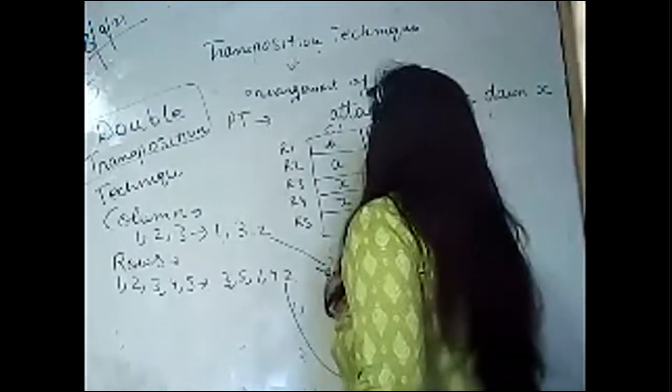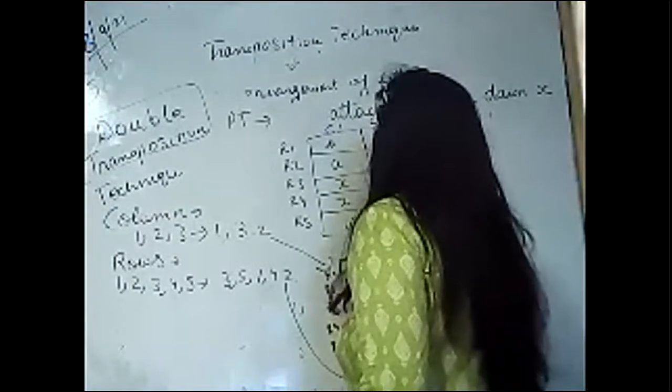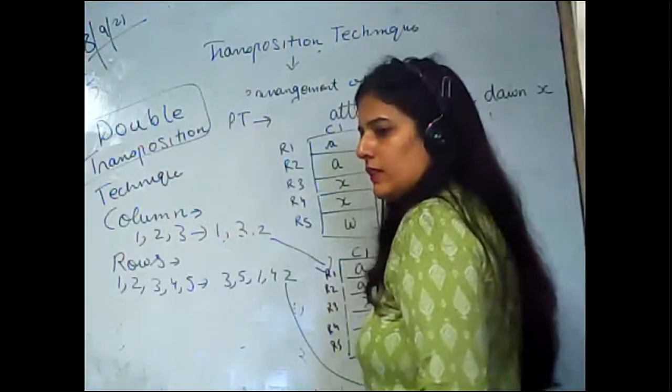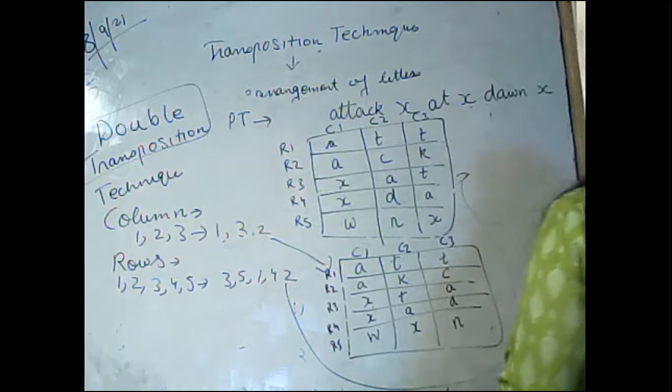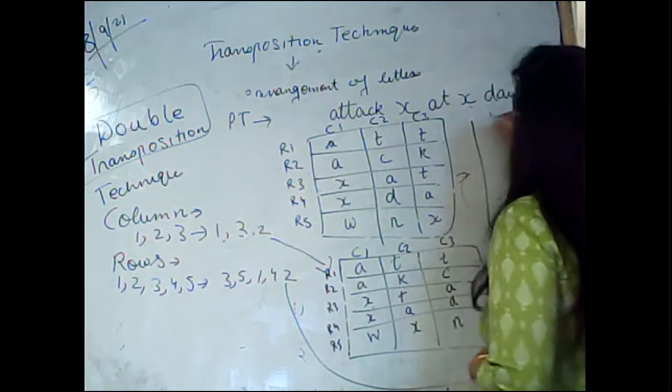Again, we have row 1, row 2, row 3, row 4, and row 5. So we have all these rows over here. Let's change it to the different values.